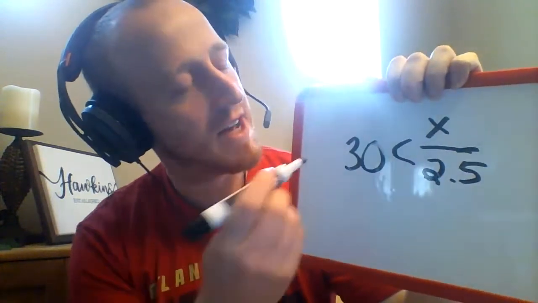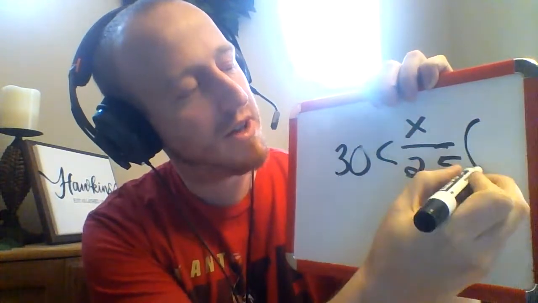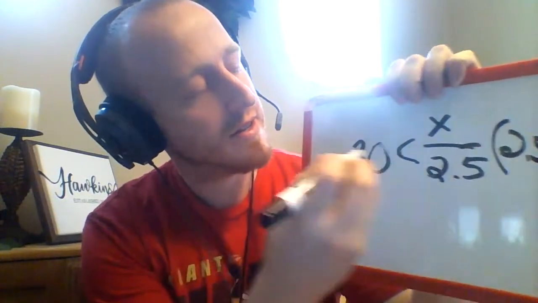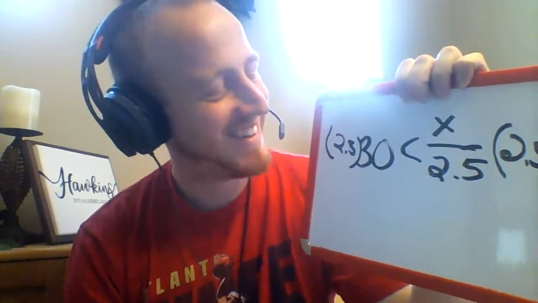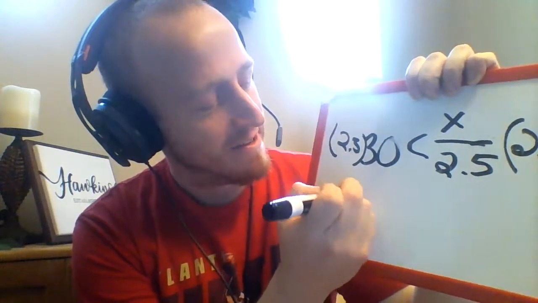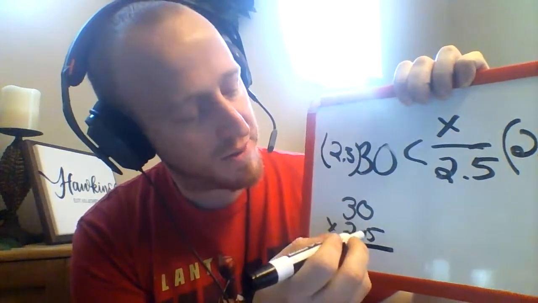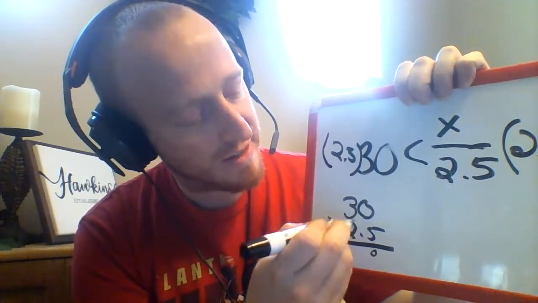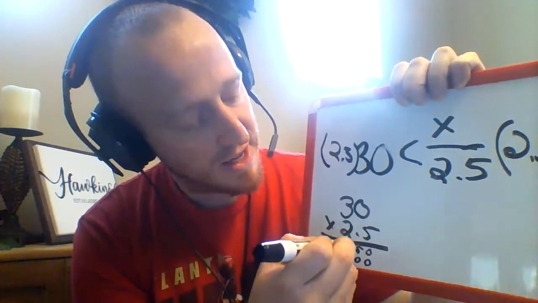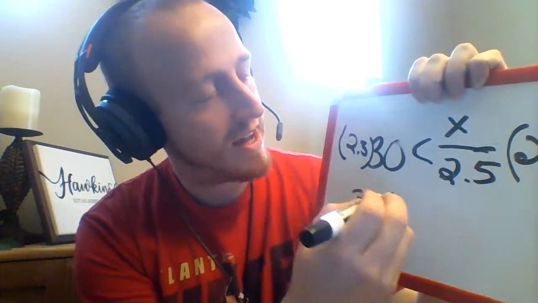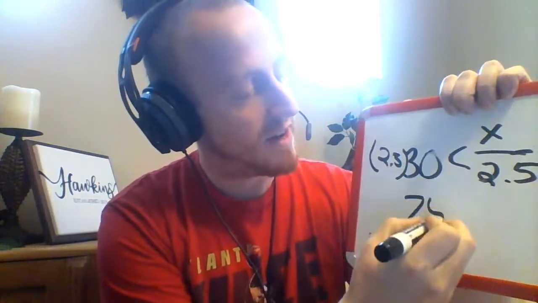Okay, I think I've given you enough time. It's division, so we're solving with the opposite, multiplication. We're going to multiply this by 2.5, and we should get 75.